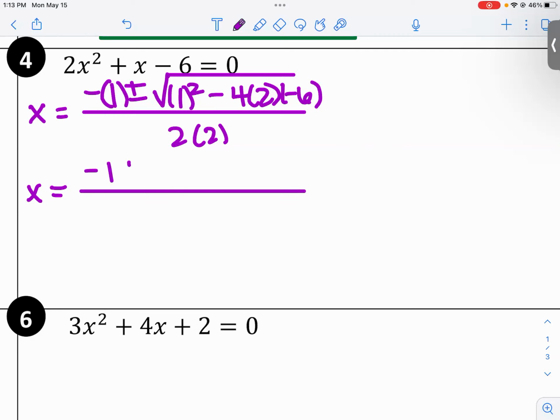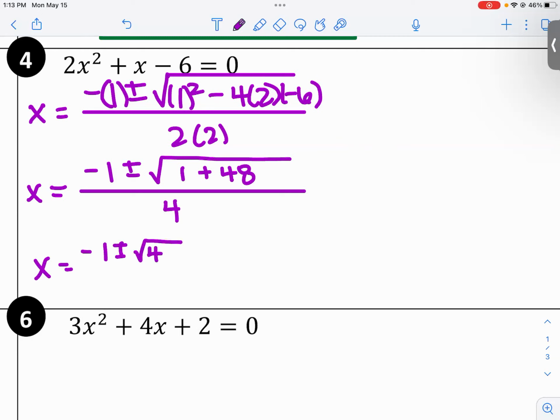Okay. So we have -1 plus or minus the square root of 1 plus 48. Is that what that is? Sure. Over 4. Oh, this looks like good news, doesn't it? Well, this is good news because we have -1 plus or minus 7 over 4.